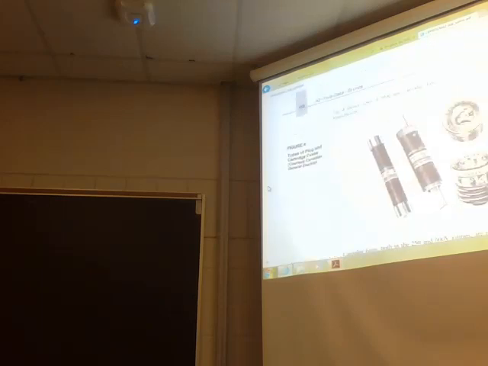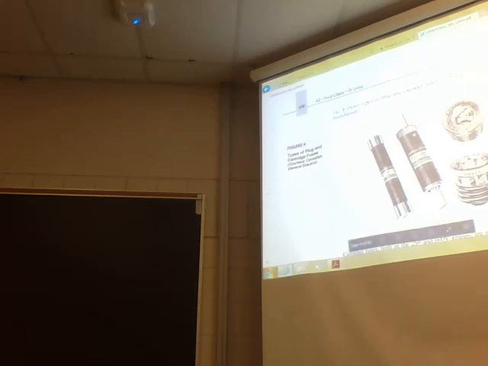So again, these are pictures of the fuses that I have. You'll have seen, if you've seen a fuse panel in a house, the 15 amp plug fuse that screws in. The cartridge fuses, again, will come in different configurations.